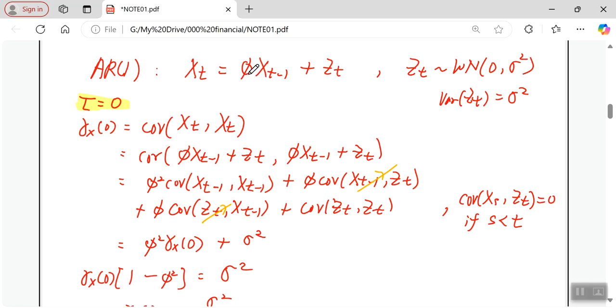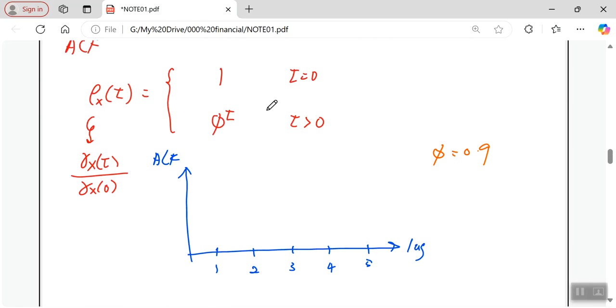So if this is 0.9, then what we are expecting to get is 0.9 power of 1, isn't it? So the first one, lag 0, is always 1. Then this one is 0.9.